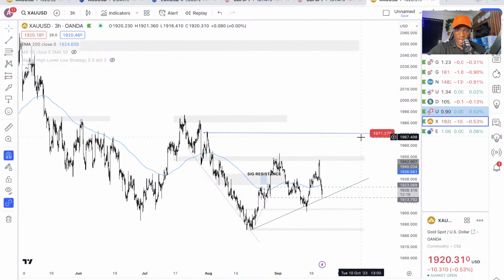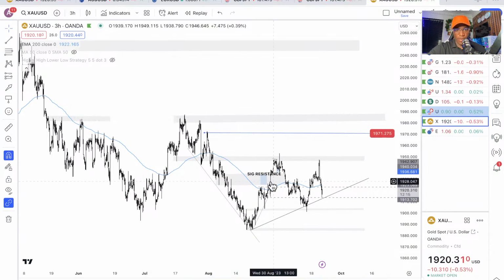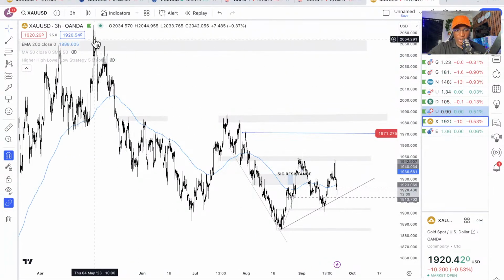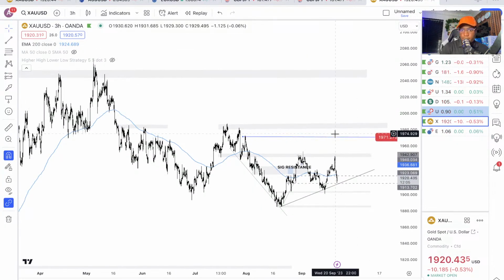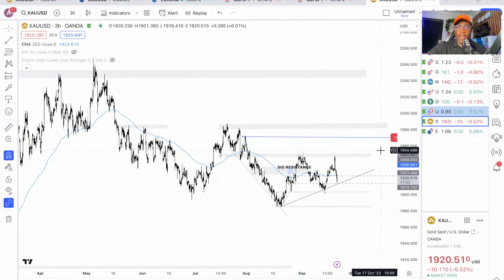If we break above that, then the next place we're coming to is here. And if we continue to break above that, then we're just going back to make a retest at these highs that were created in May. So you want the market to act and then you trade in the direction of the market. You don't want to try to be ahead of the market. Except you're trading $6 trillion.